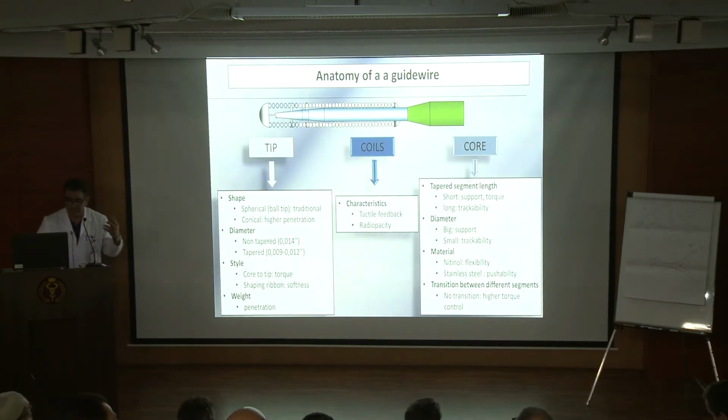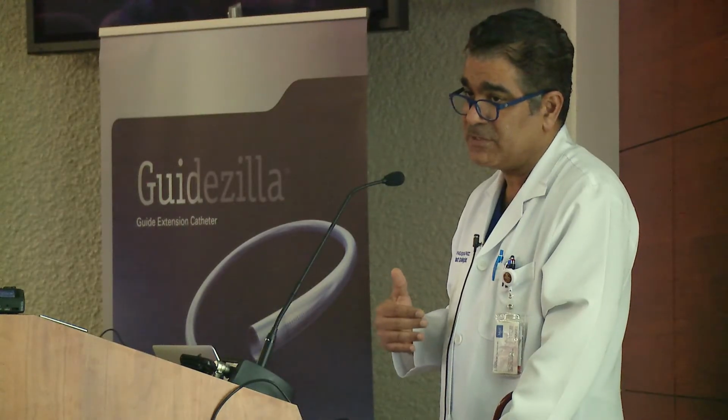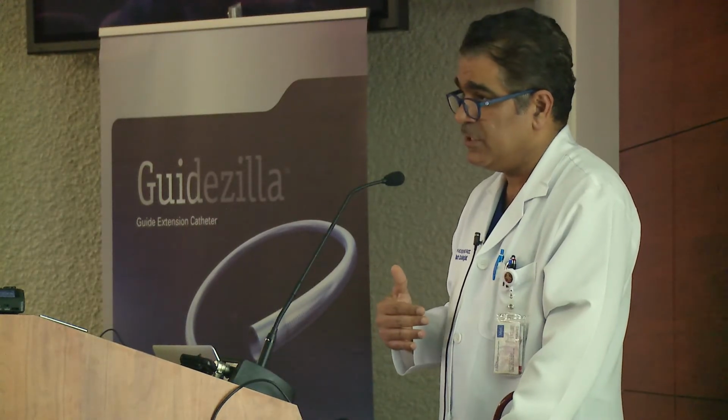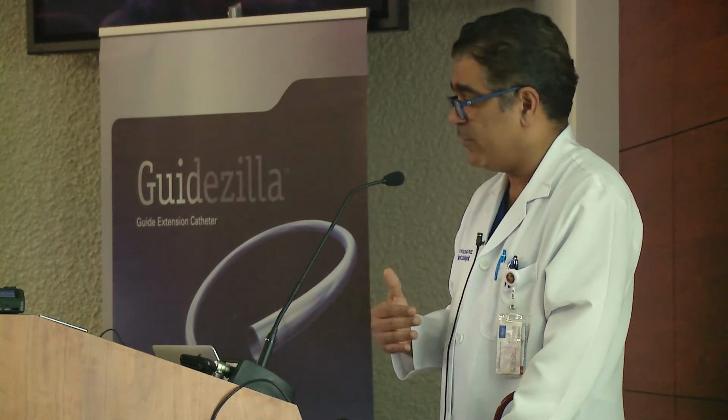The reason I'm showing the anatomy of a wire is that, even today, I'm still amazed at how people could engineer these wires. It's a 0.014 or 0.008 or 0.010, and if you think about the science and engineering people have invested to make these wires work for you, it is amazing.